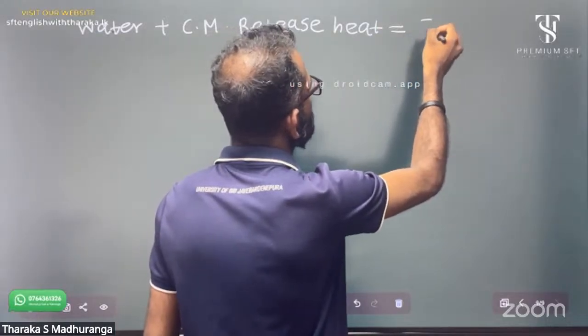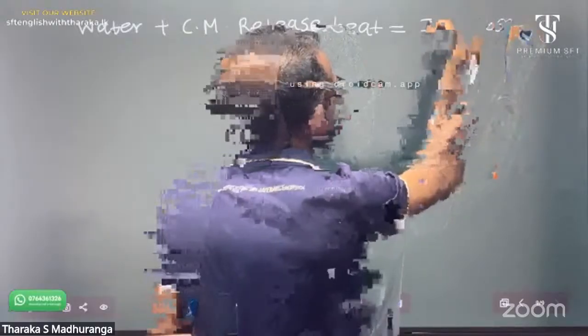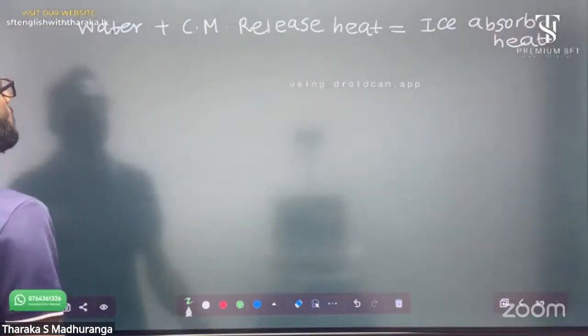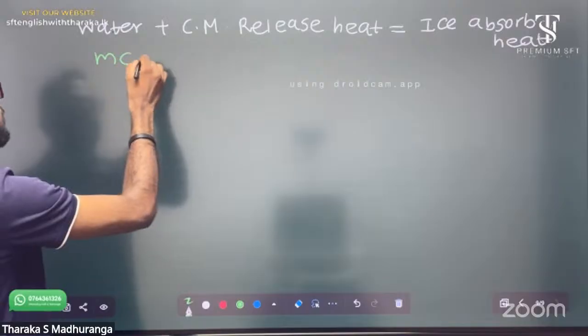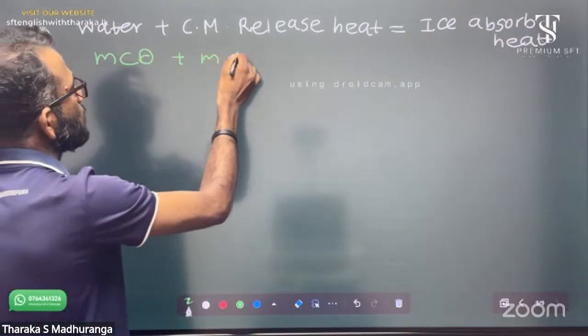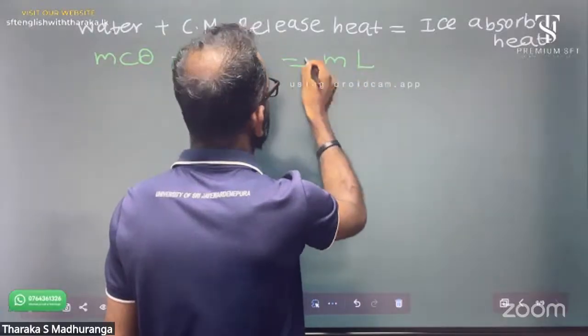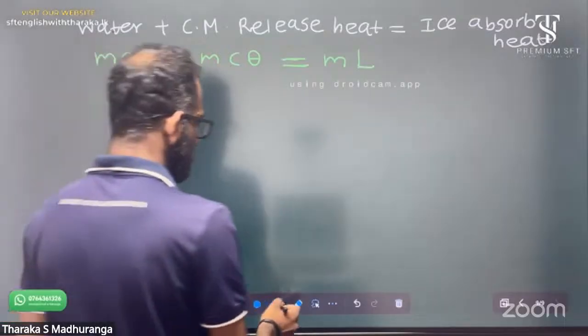Look carefully. Water and calorimeter release heat means mc theta, no physical state change, mc theta, equal to ice absorb heat, only mL. Ice absorb heat only mL. Right?